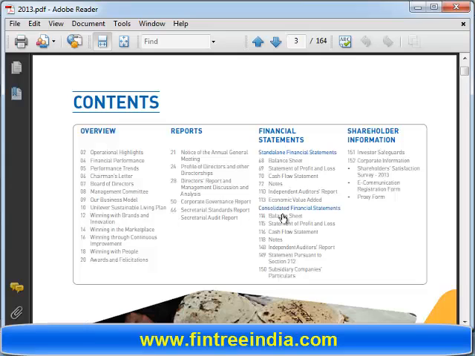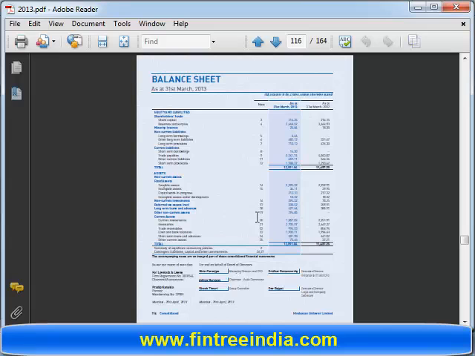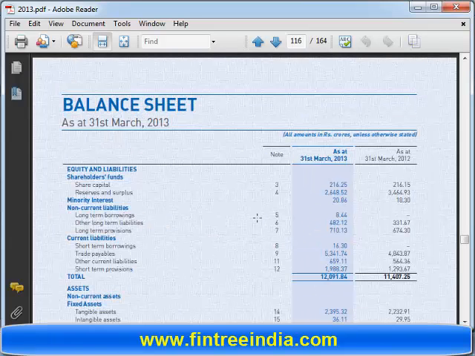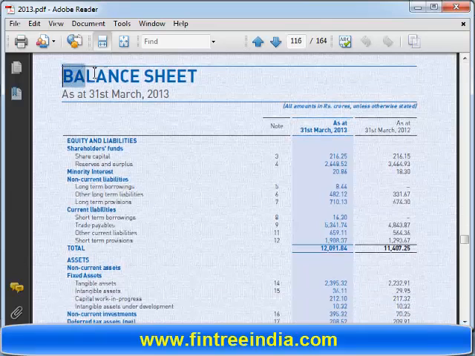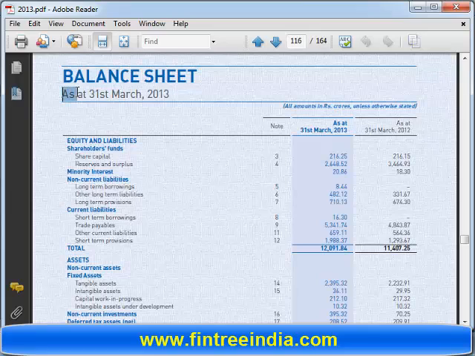We will directly jump on to this balance sheet here. Visible? First thing that you would notice, balance sheet as at 31st March 2013. What is the significance of the word 'as at'?